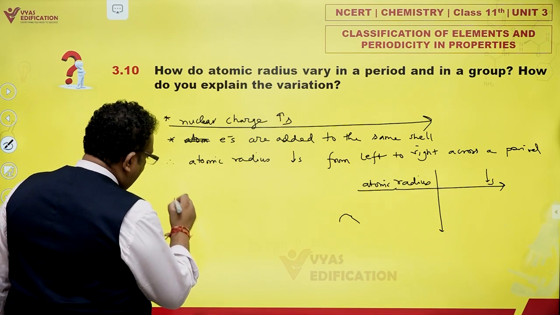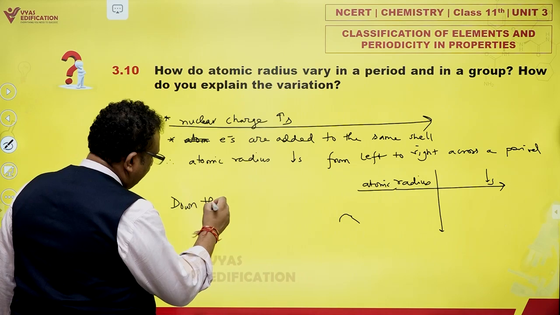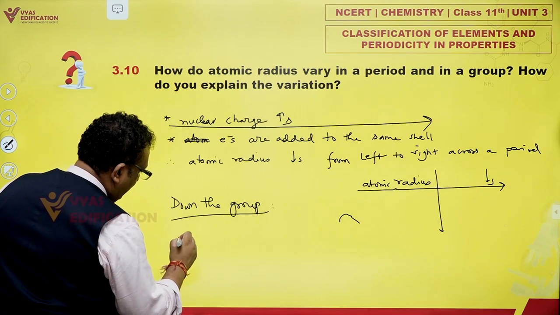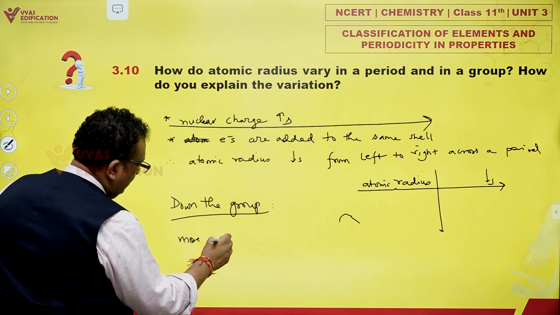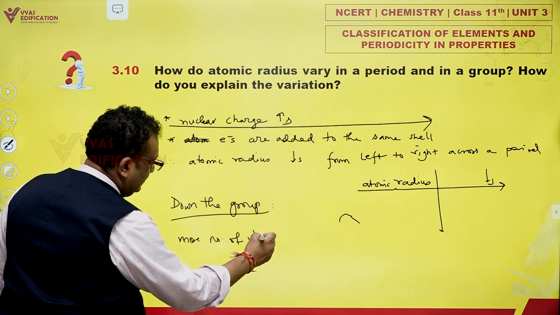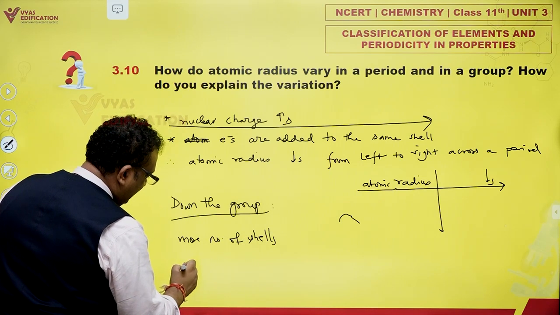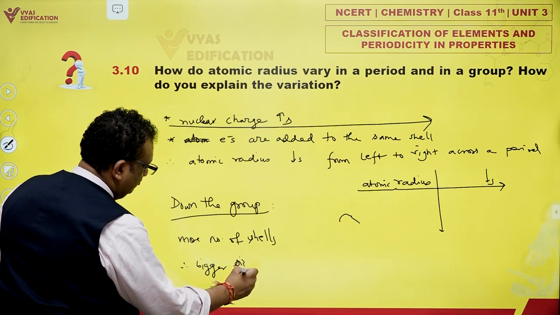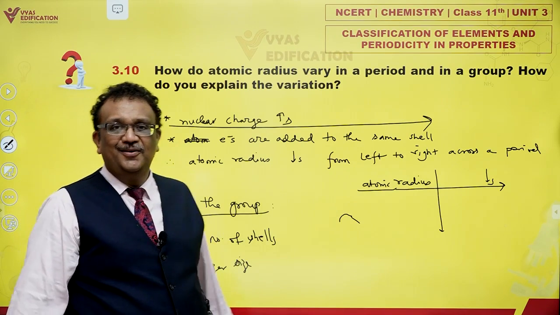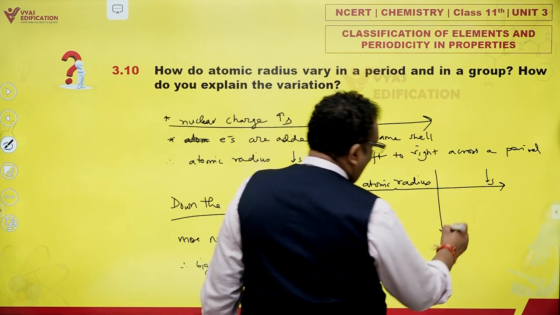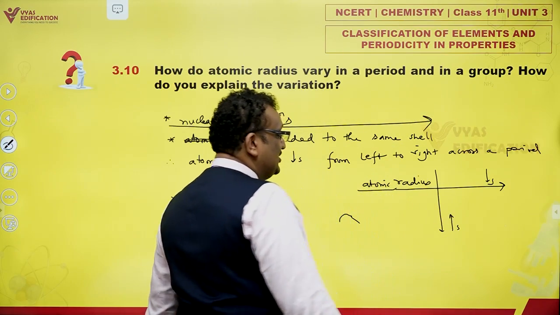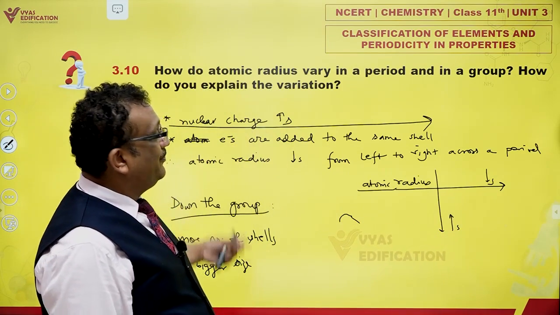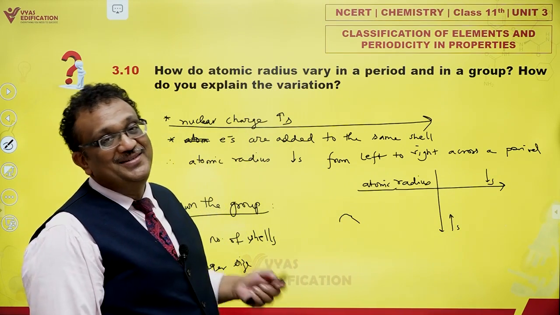Down the group, more number of shells, therefore bigger size. So down the group, atomic radius increases, and across the period, atomic radius decreases. This is the periodic trend along with the reason.